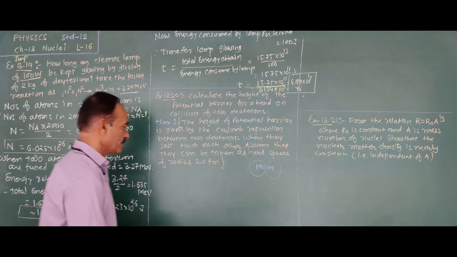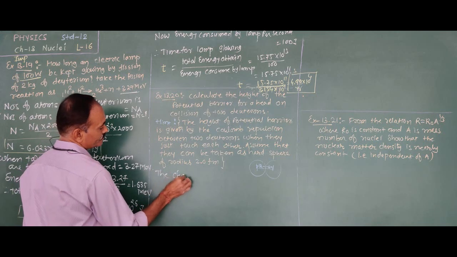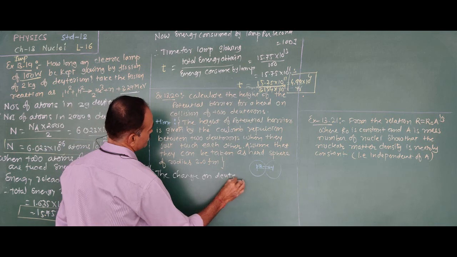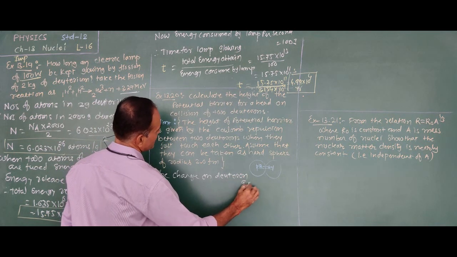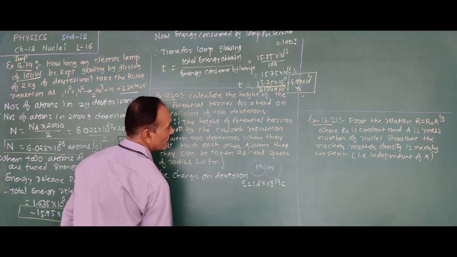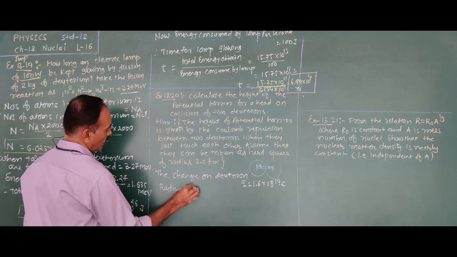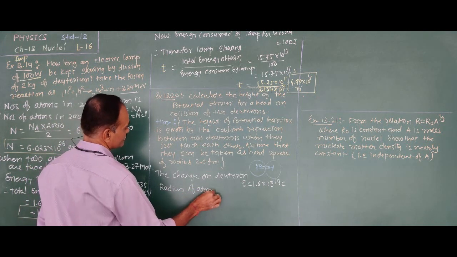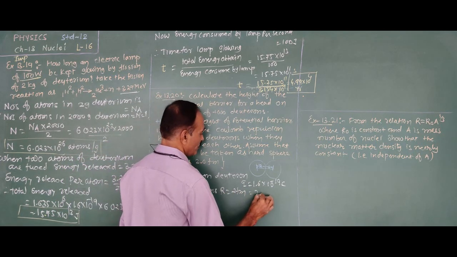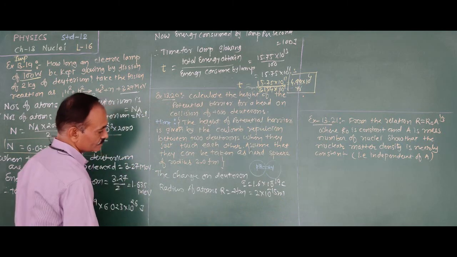For that purpose, the charge on deuterium q is equal to 1.6 into 10 to the power minus 19 coulomb. The radius of atoms R is equal to 2 FM is equal to 2 into 10 to the power minus 15 meter.